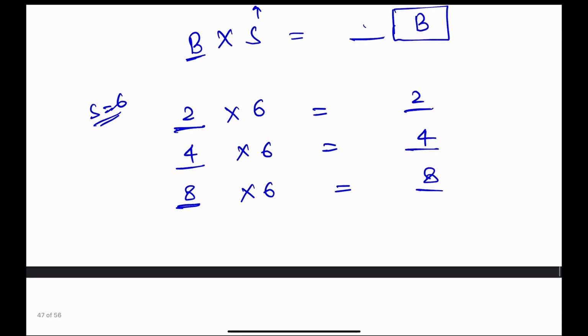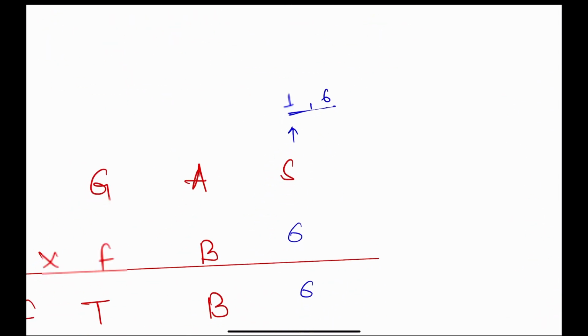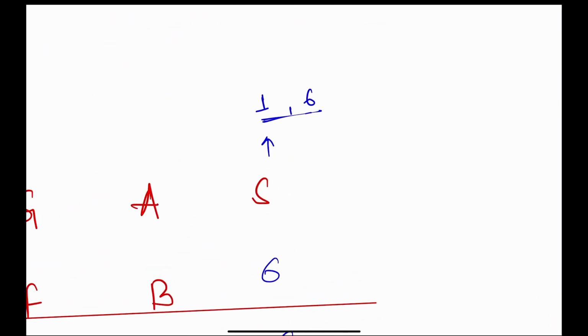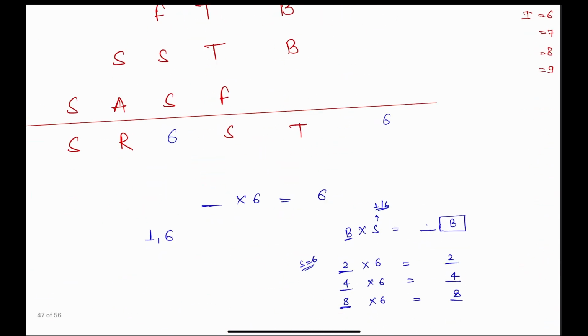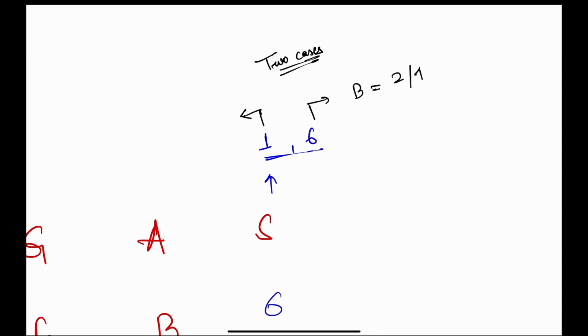If I take this value 6, if this is possible, see, let me tell you, these are two different cases. Now two cases are there, let's not confuse. Anything is possible. If we take this one, then the possible values of B will be 2, 4, 8.